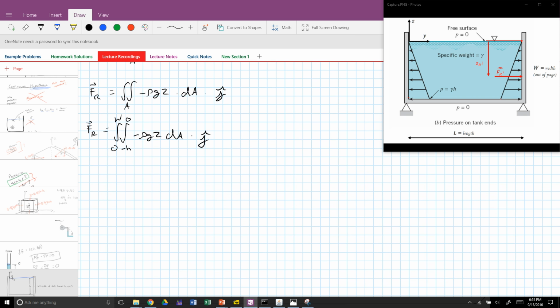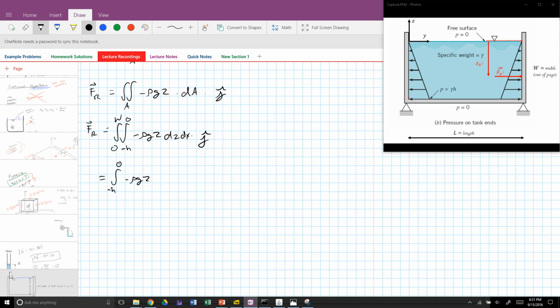So this dA should turn into a dz dx. Let's deal with this outer integral first. Of course, nothing in here is a function of x, so we can simply take care of that in one fell swoop. So we have a single integral, negative rho g z times w times dz j.